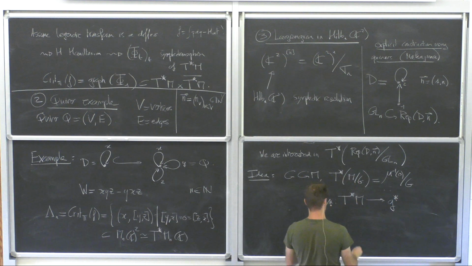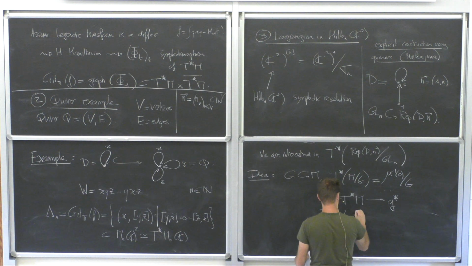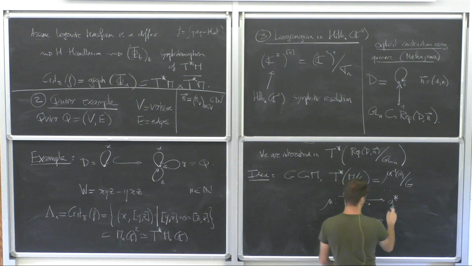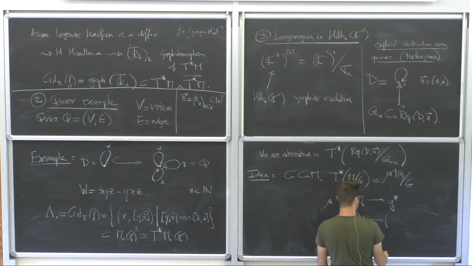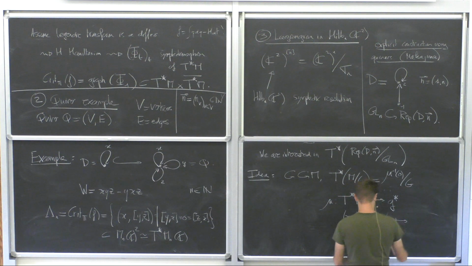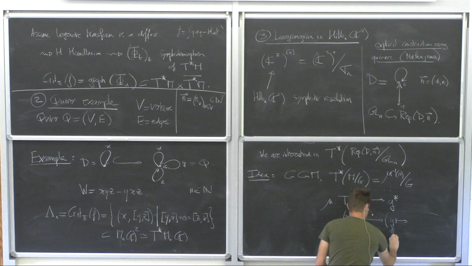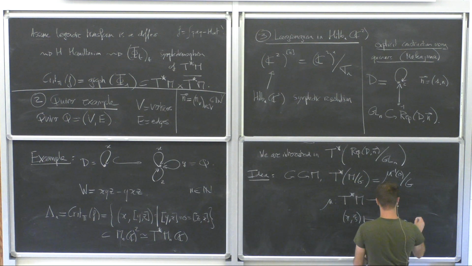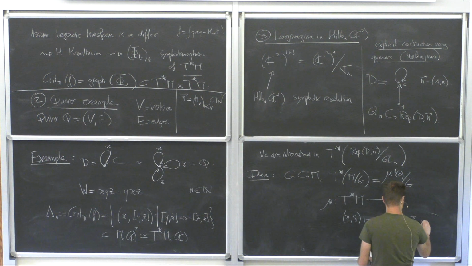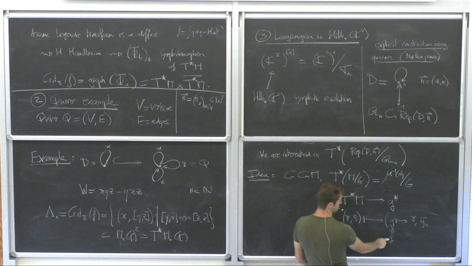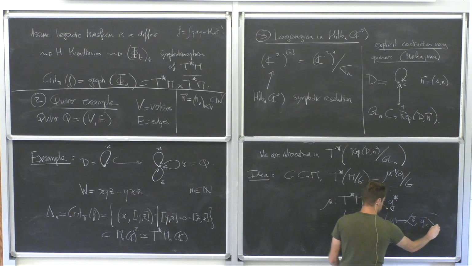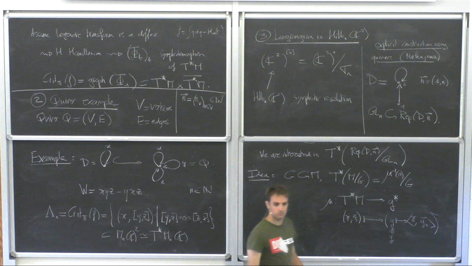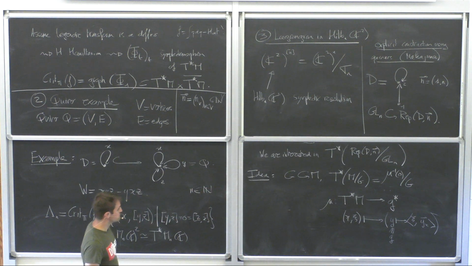So you have (x, psi), and you send it to a linear form on G that sends y, an element of G, to psi paired with the vector field associated with the element y in G, but at x. So that's a moment map.